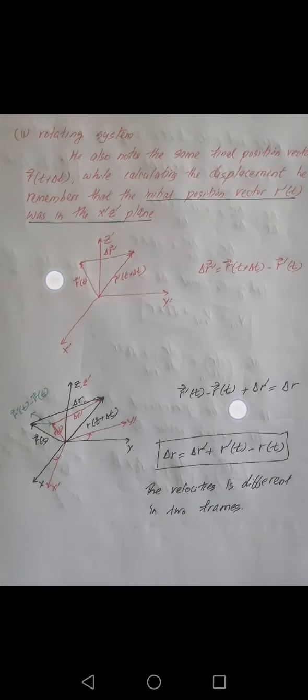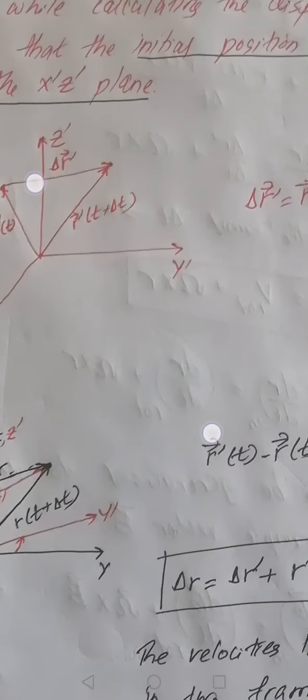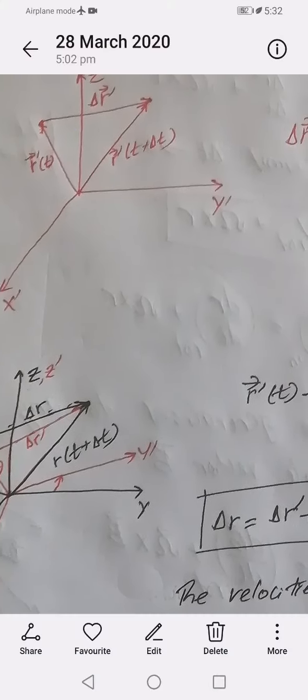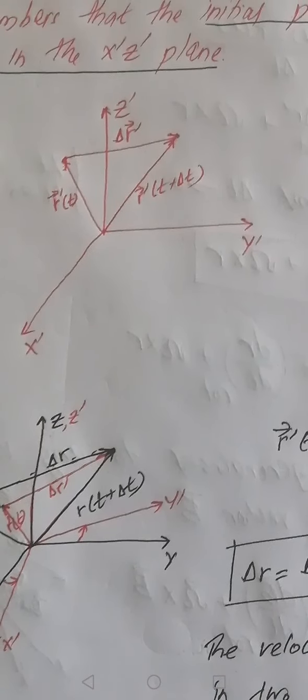The rotating frame observer also sees the same end point, but he remembers the initial position vector at time t that he measured in the x prime z prime plane. I will repeat once again.